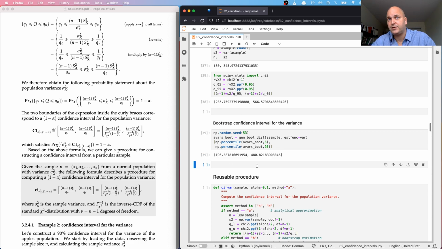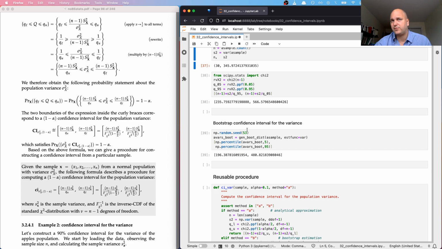A little bit different. In the previous video, the bootstrap approach and analytical were very much the same. Here it's a little bit off, but it still gives you an idea. You can expect this variability.